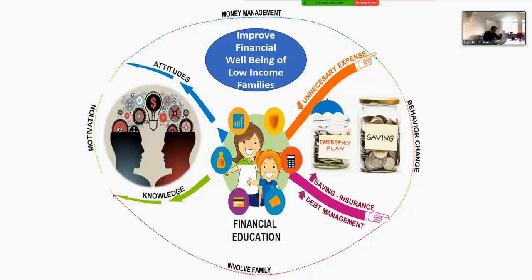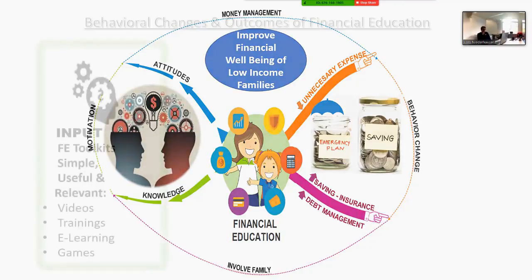With that different behavior regarding money management, people can start reducing unnecessary expenses. That means increasing savings, taking up insurance to protect the family, and making better debt management. So overall, the financial behaviors improve the financial well-being of the people.